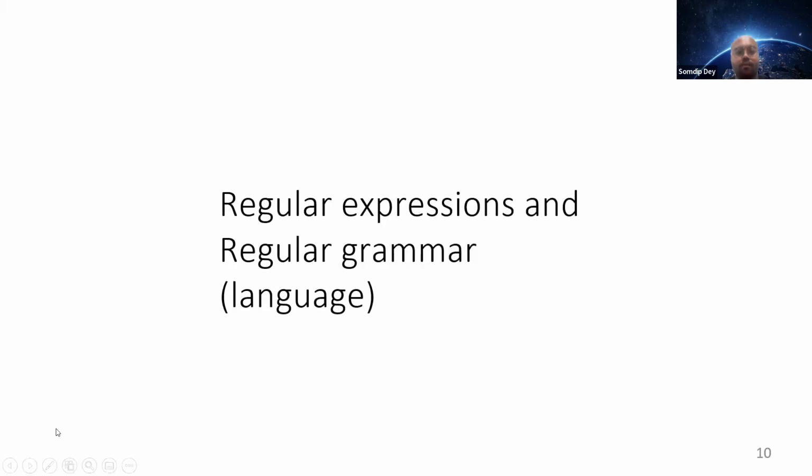Okay, now an important part of the compiler, especially in the front end, is regular expression and regular grammar. As we all know, compilers work on specific languages. Now, languages are defined or formed by production rules, which form the grammar.